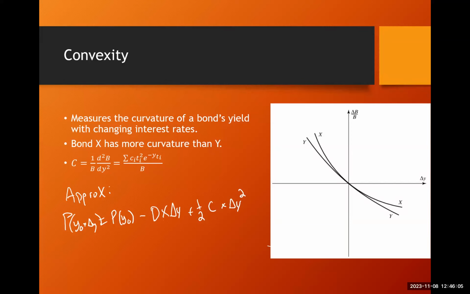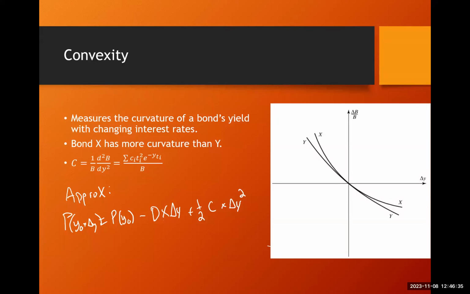You can use a linear approximation to estimate the change in portfolio value by multiplying negative D times the change in the yield. But if you want a more precise estimate, you'll have to include the convexity adjustment, which is a second degree term. It has a 1/2 coefficient in front and the change in y squared.